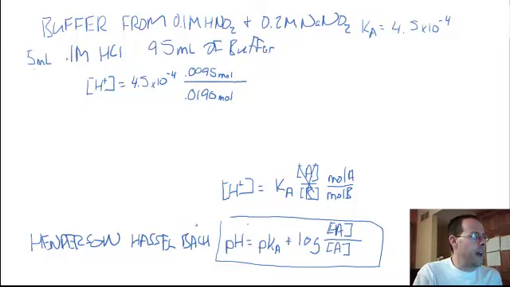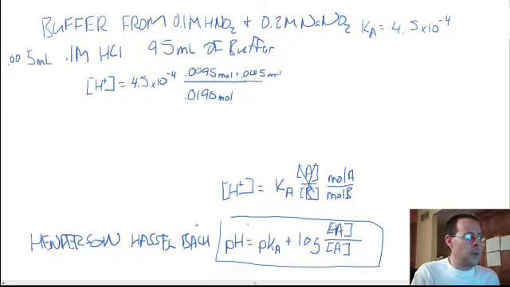However, if we add 5 milliliters of 0.1 molar HCl, we are increasing our acid moles by 0.005 times 0.1, or 0.0005 moles.